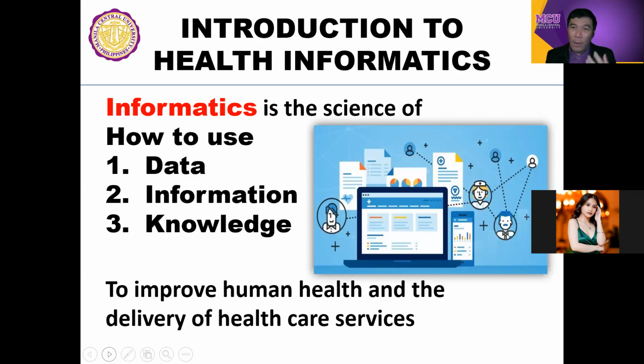So this is how we differentiate the concepts of data, information, and knowledge. And once we combine data, information, and knowledge, and process the information with the use of science and technology, that is where informatics comes in.